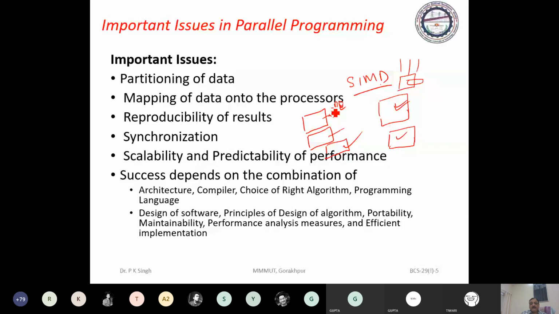Otherwise, there will be contention for a particular localized area, because every processing element needs to refer to the same area. That may lead to a bottleneck problem: you have a single port with a limit on the bandwidth of data transfer, it will not be able to supply, and the processor has to wait.